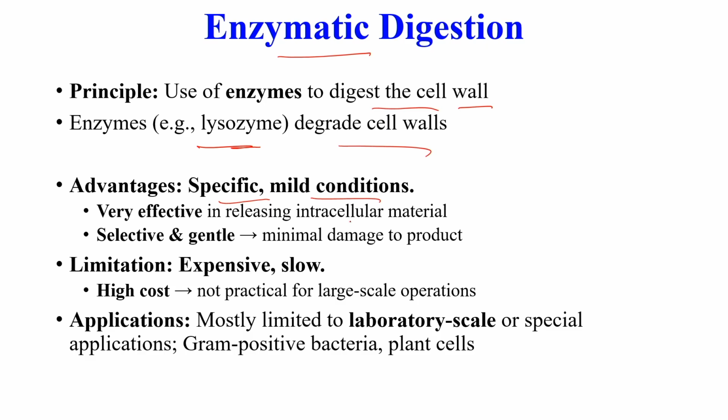So they are very effective in releasing the intracellular material, and at the same time they are selective. Limitations: because of the high cost, it becomes impractical for large scale operations, and mostly it is applied at laboratory scale or for specific applications. It may be used for gram positive bacteria or plant cells.